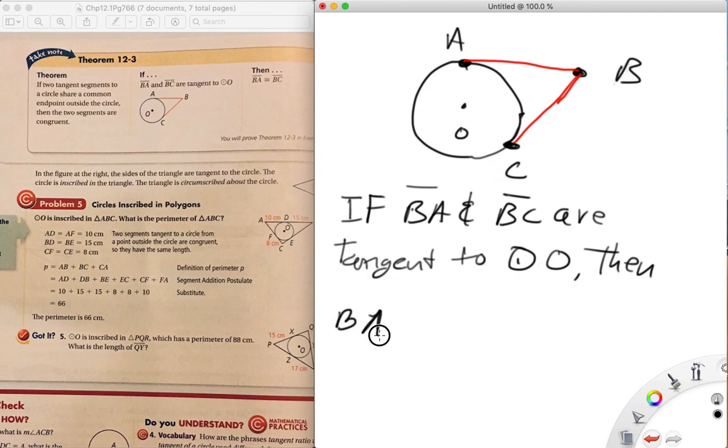BA is congruent to BC. This distance here is the same as this distance here.